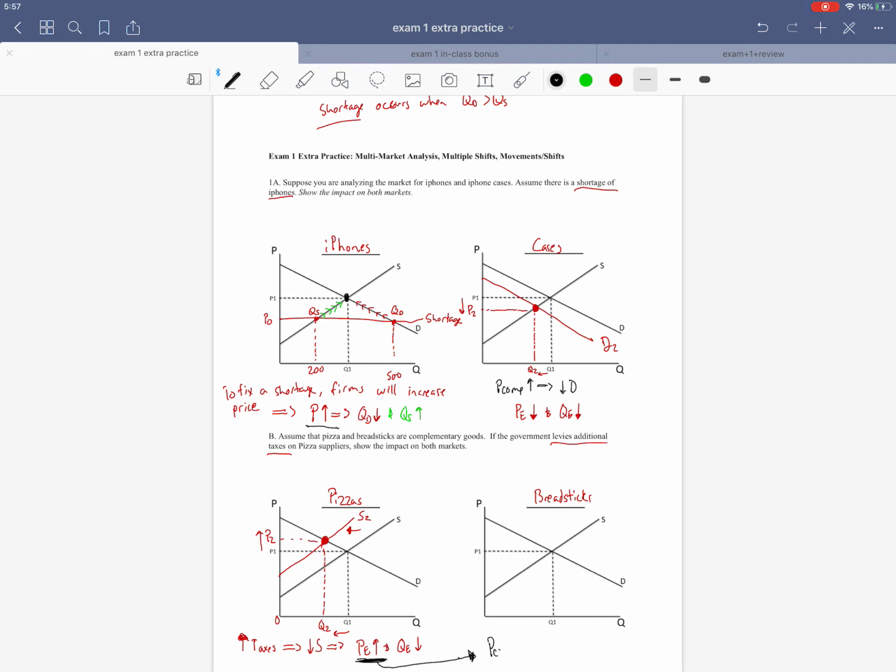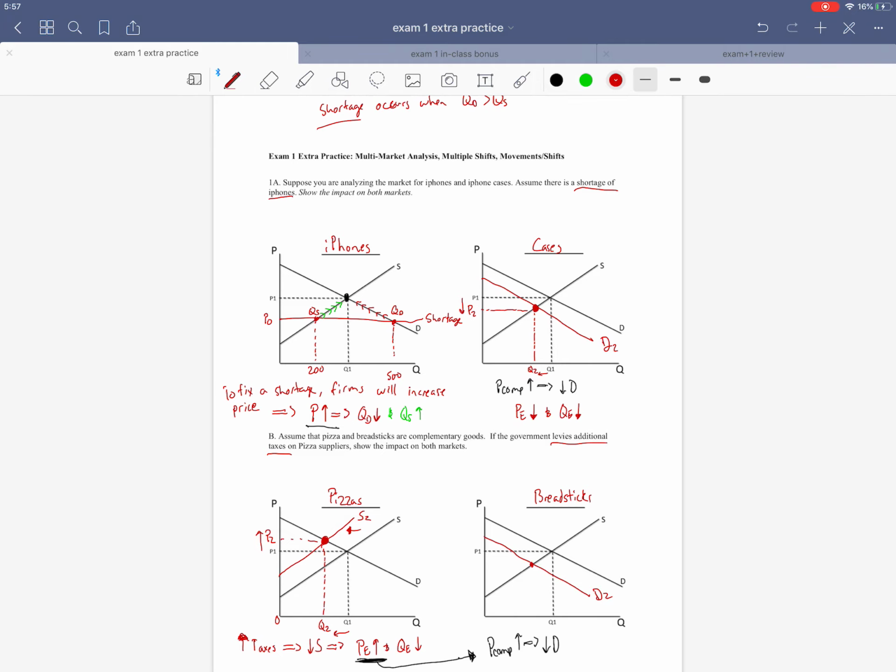Alright, so whenever the price of a complementary good goes up, that's going to lead to a decrease in demand, which once again is going to be a leftward shift of our demand curve.